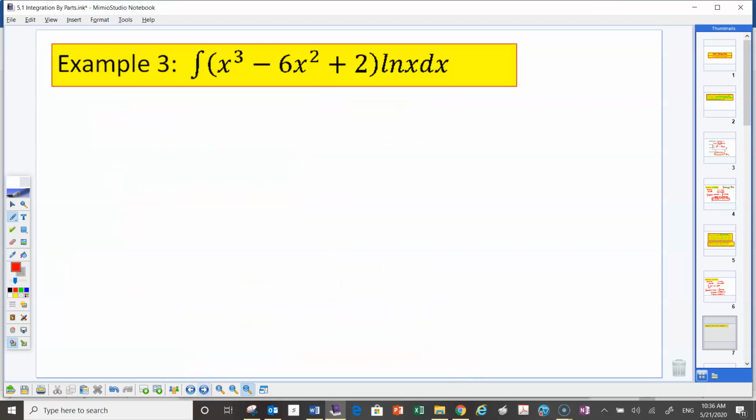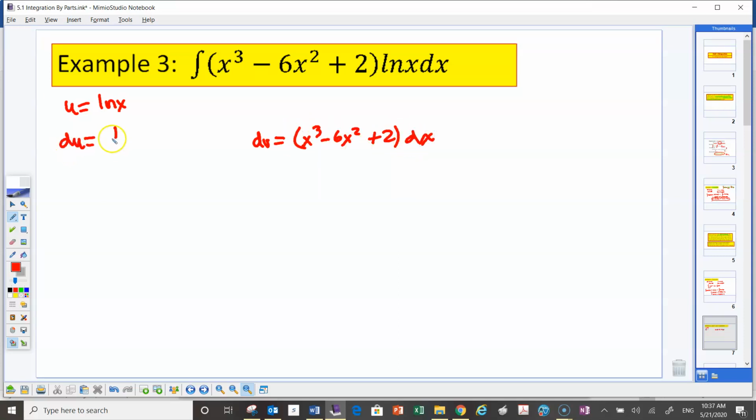Okay, example 3, we have a polynomial times a logarithm. And again, according to our LIPET acronym, I want to let u equal the natural logarithm, which is going to be ln x. So I'm going to let u equal ln x. So therefore, the dv is going to be x cubed minus 6x squared plus 2 dx.